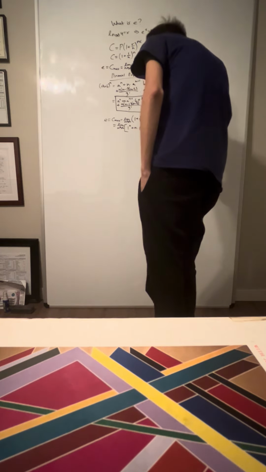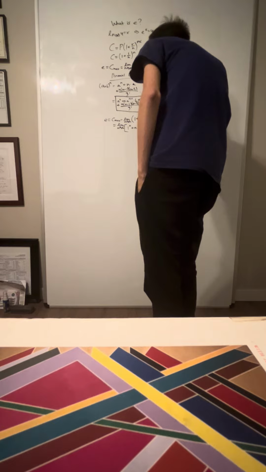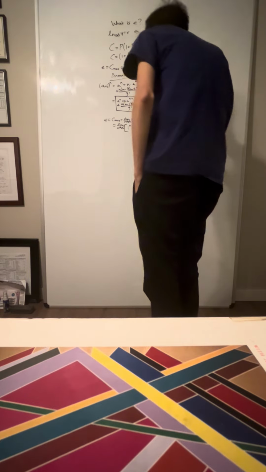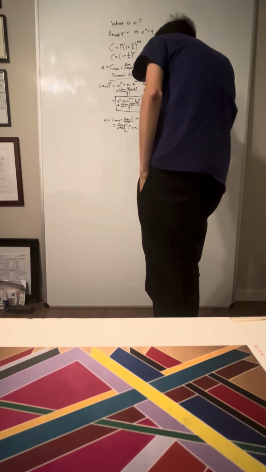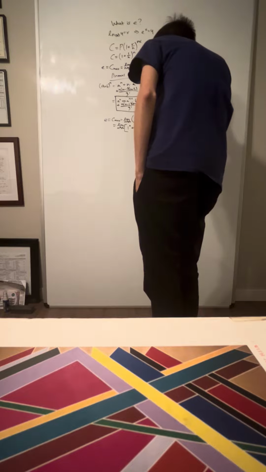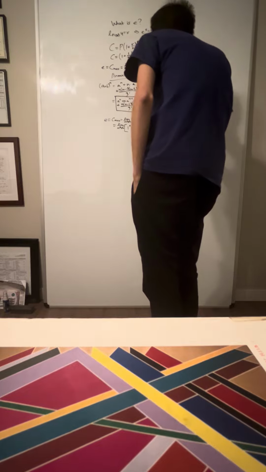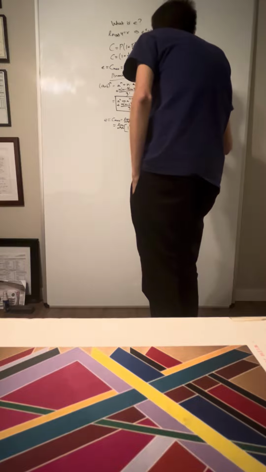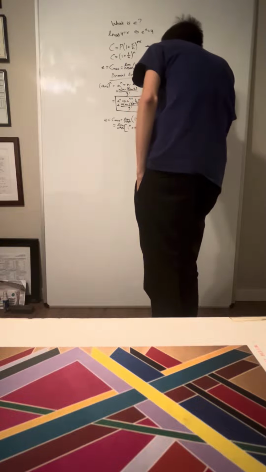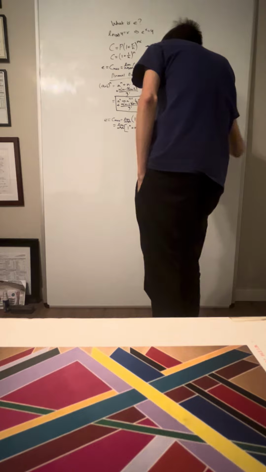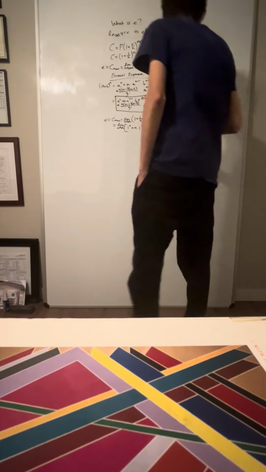Well, now we can look at n times n minus 1 over 2 factorial times 1 to the n minus 2 times our b term in this case, which is 1 over n, and we're going to square that.